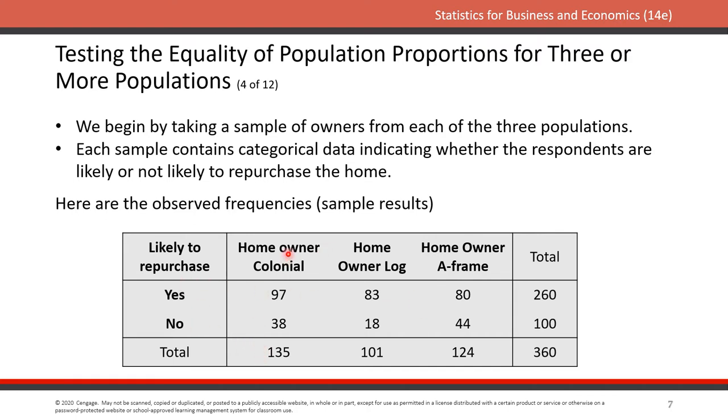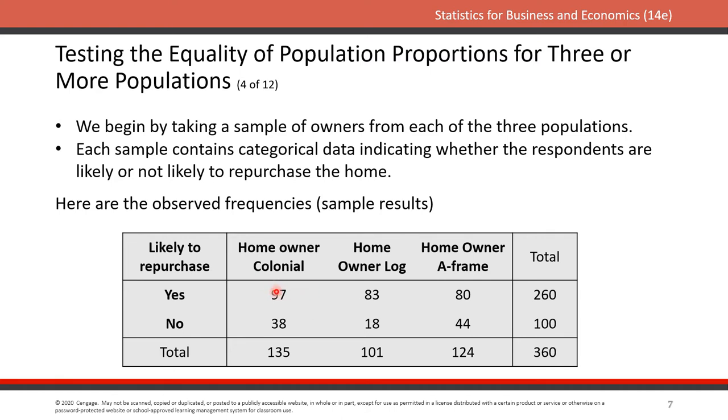So we've got the 2 variables, the type of home, and then whether or not the individuals would repurchase. And we kind of cross, and then the number in the table indicates how many people fall in both of those categories. So in this case, how many people fall within the colonial homeowner and yes, I would repurchase category. So there were 97 people that when I gave them a survey, checked yes, I'd repurchase, and checked I have a colonial home.